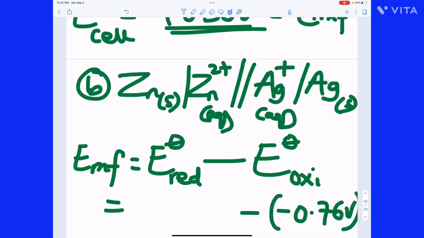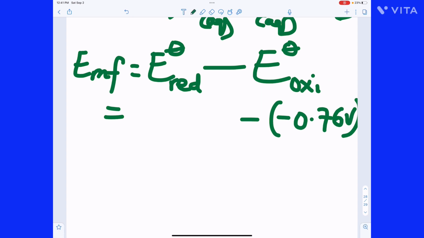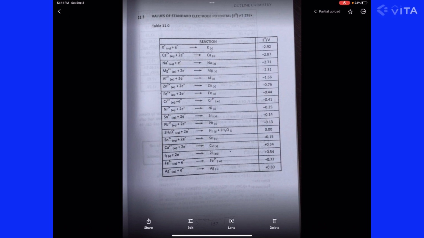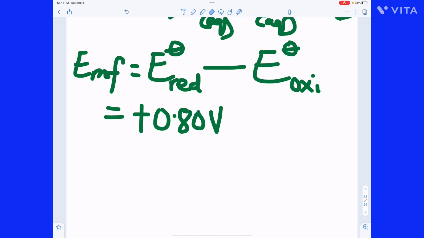So let's go fix this. So I'm going to write, what did I read? Silver, plus 0.80. So I'm going to write plus 0.80 volts minus what? Minus 0.76 volts.